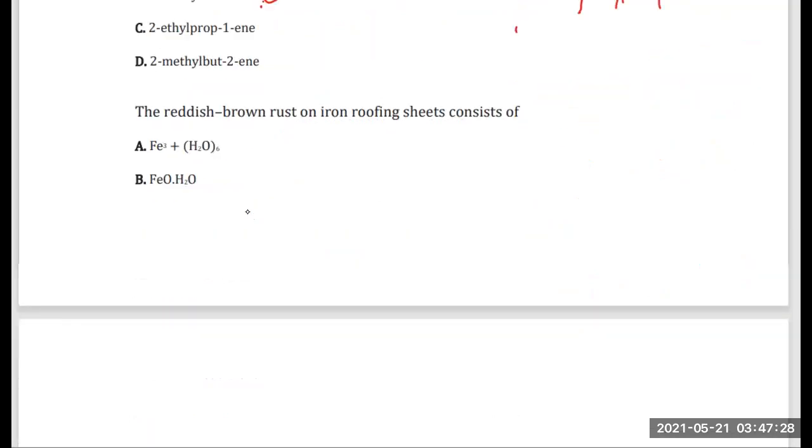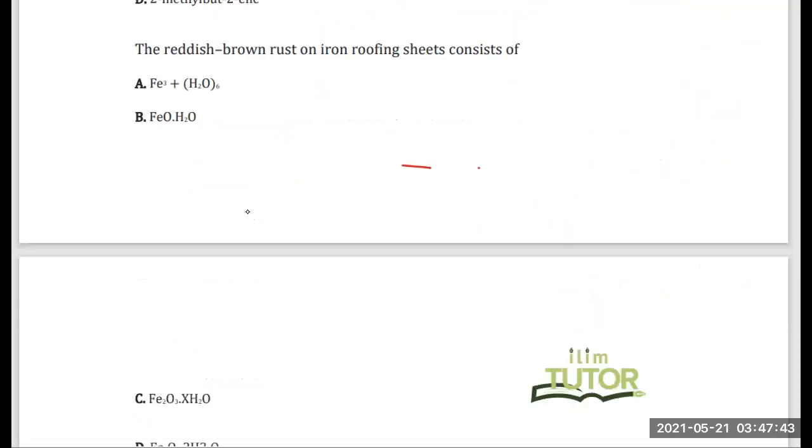The reddish brown rust on iron roofing sheet consists of what? I've actually made mention of this when I solved the question on rusting. When iron rusts, what is responsible in air is basically oxygen and water.